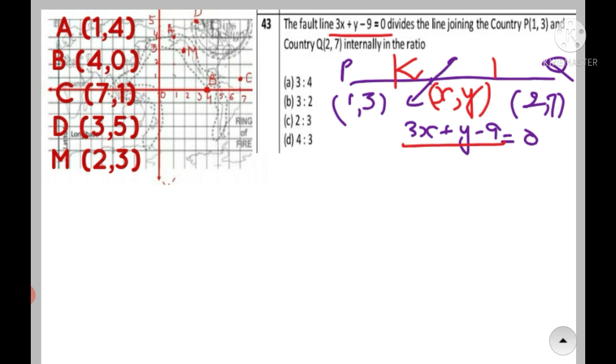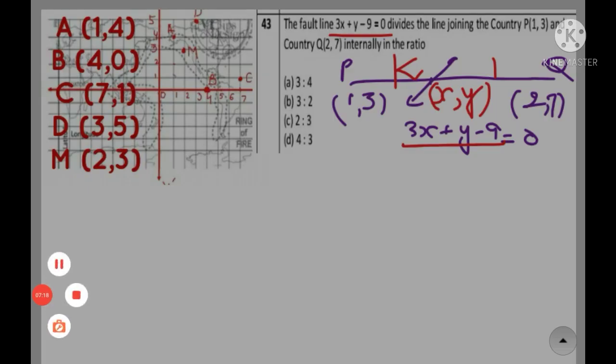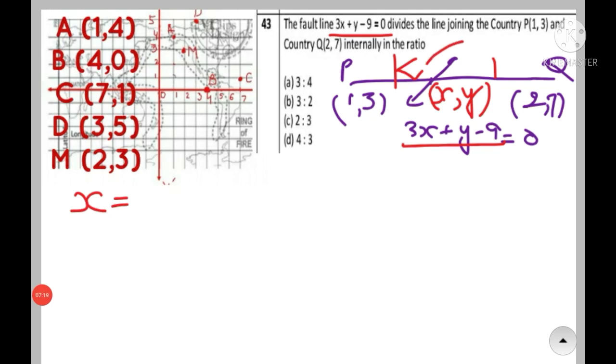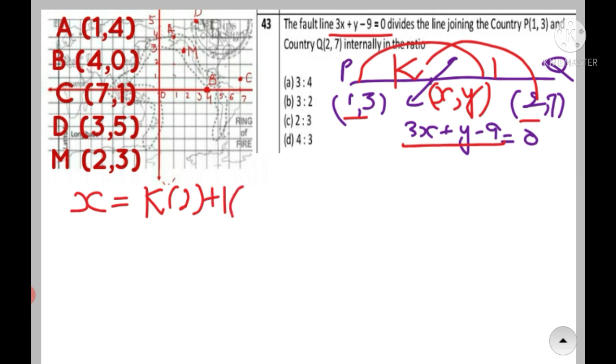That's all. So let us find the value of x and y. To find x, we multiply k into 2 and 1 into 1. Just focus on the x coordinates and cross multiply. So (k into 2 plus 1 into 1) upon (k plus 1).